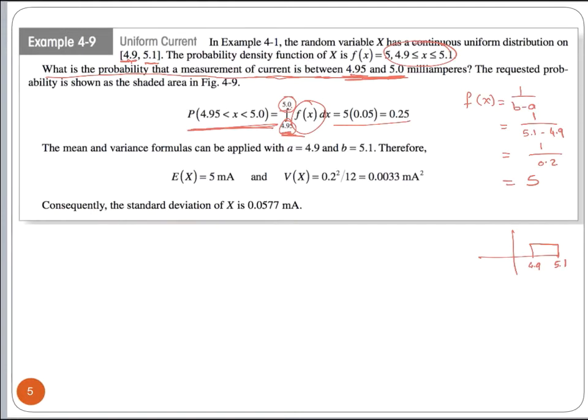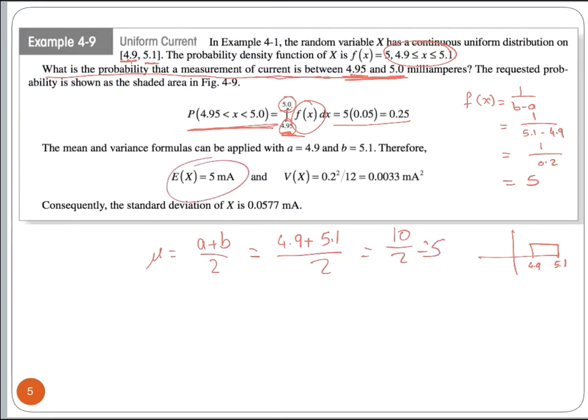If you want to calculate the mean and the variance for this random variable, then the mean, mu, is equal to (A plus B) over 2, which is equal to 4.9 plus 5.1 divided by 2, and that's equal to 10 over 2, which is 5. And that's what you see here, right?